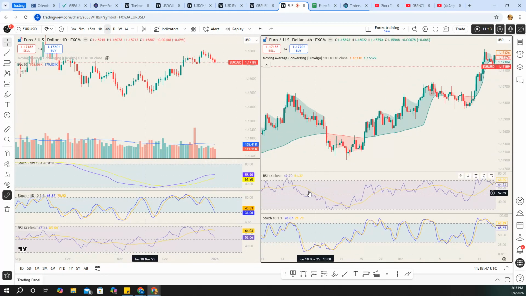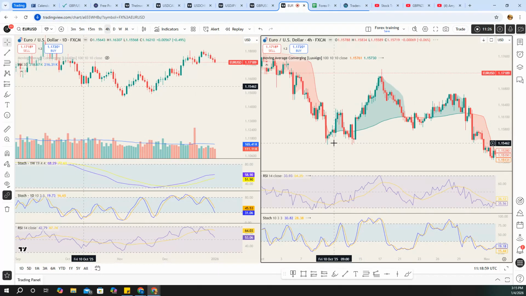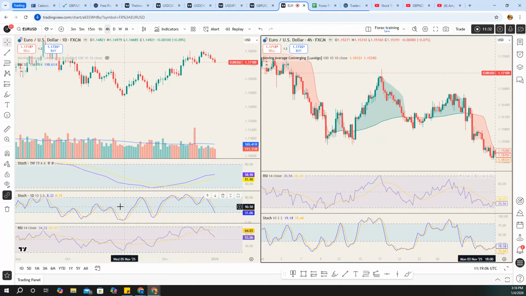Okay, and I would look at the RSI, the 4 hour RSI. If we look here, why isn't it appearing? Yes, okay. So if we look at this point here, look at the 4 hour, look at the RSI, I wouldn't take it there.